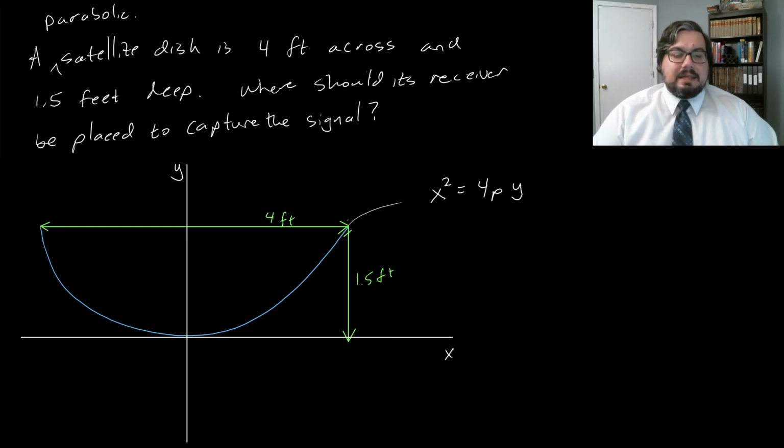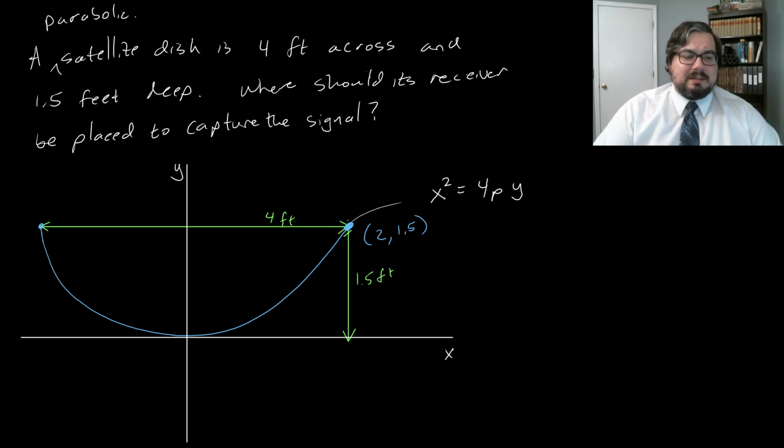Now, in this situation, our equation only has one unknown parameter, this p in it. And so to figure out what that is, we can simply take one point other than the origin that we know is on the graph, plug that into the equation, and solve for p. So for instance, in this setup that we have here, we know that this point right at the edge of the parabola has coordinates 2, 1.5.